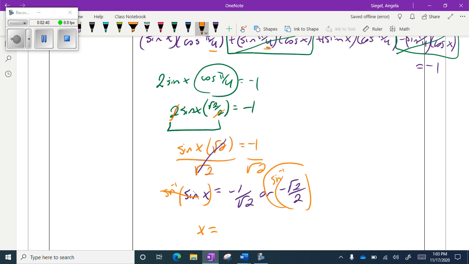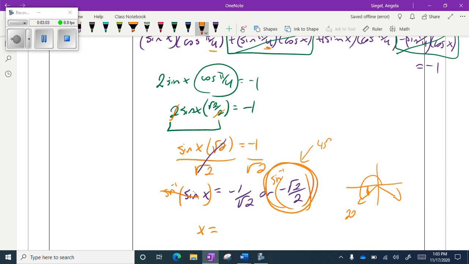Okay, so this is what I want you to think of. Sine inverse of, and think about, okay, well, that is a 45-degree reference angle, and sine is negative here and here. So I'm going to ask myself, okay, well, and we can think degrees at this point, doesn't matter. If this is 45 degrees, what's my actual angle there?